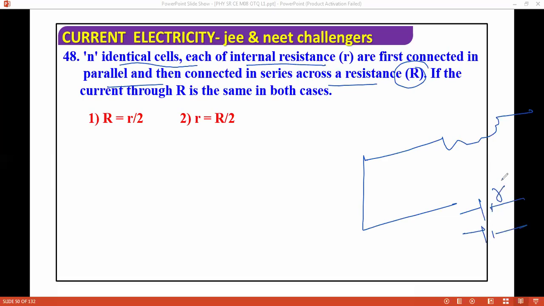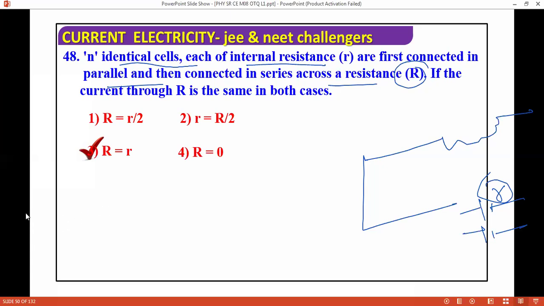The current through R is the same in both cases. It's a very easy question. The current is the same only if capital R is equal to small r.